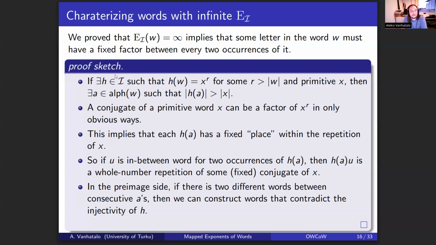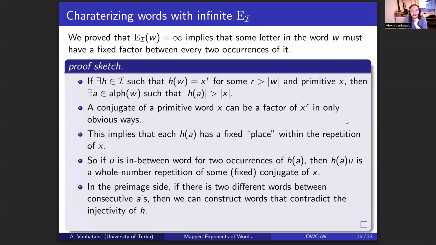So if we have an injective morphism that maps our word to some large repetition where this exponent is at least the length of the word, then some letter must have an image that is larger in length than the base word x here, just so that the lengths are equal. If none of the letters have this, then this equality cannot hold by just considering the lengths.